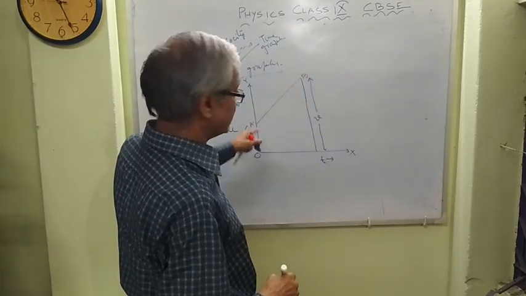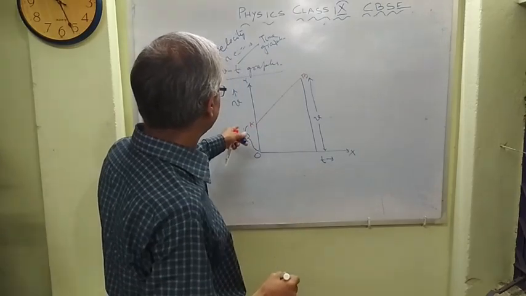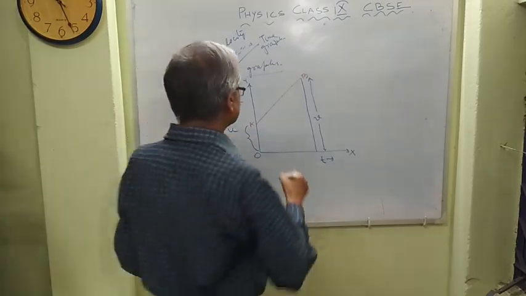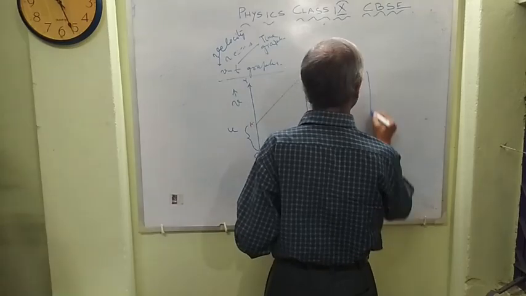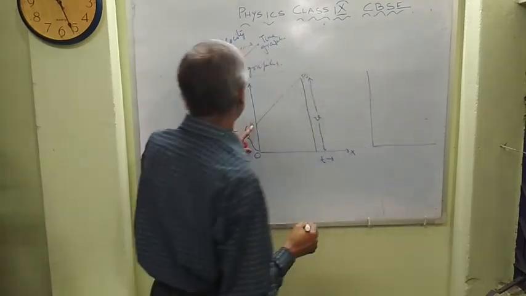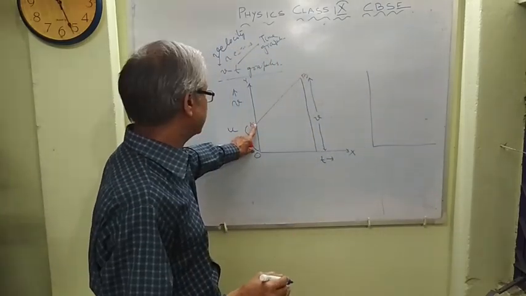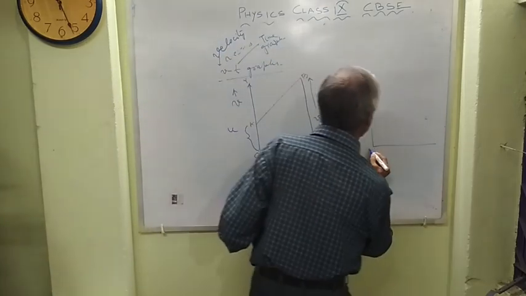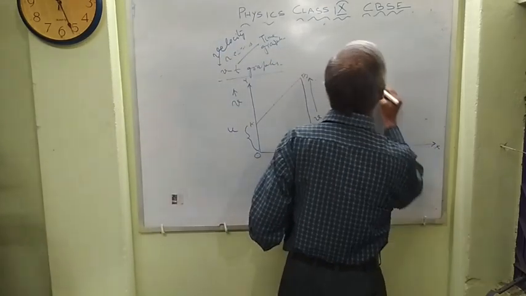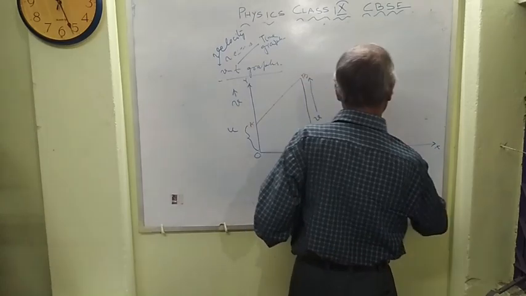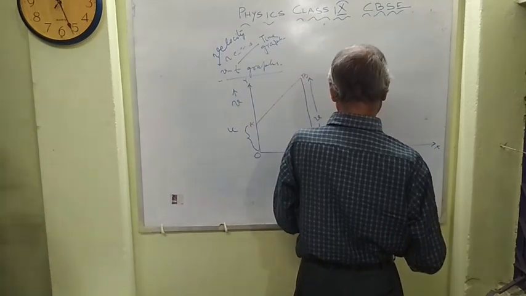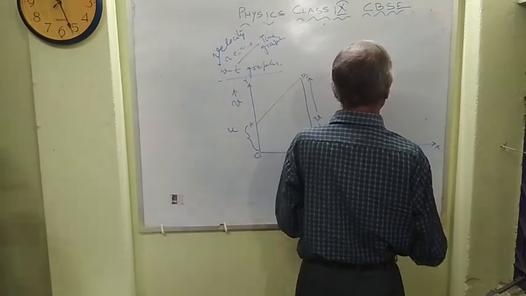Now, if the body starts from rest, then the velocity time graph will be this type, that is, this part is absent. That is a straight line passing through the origin.